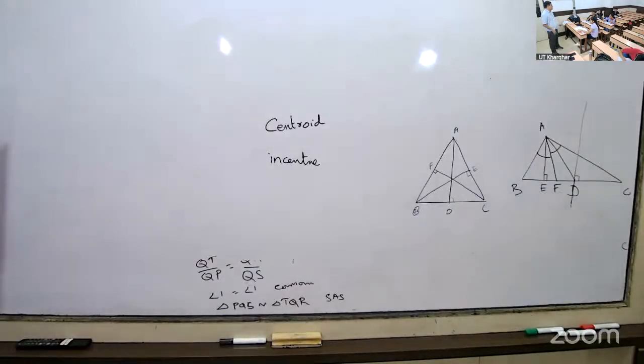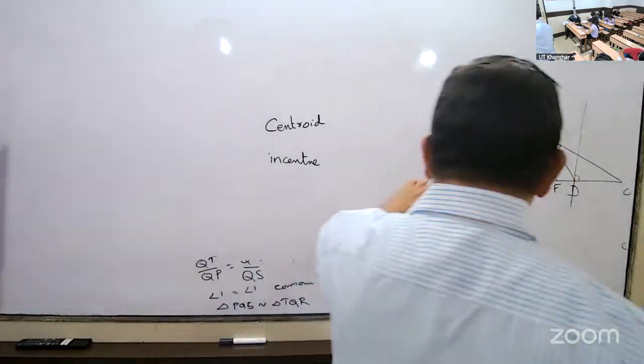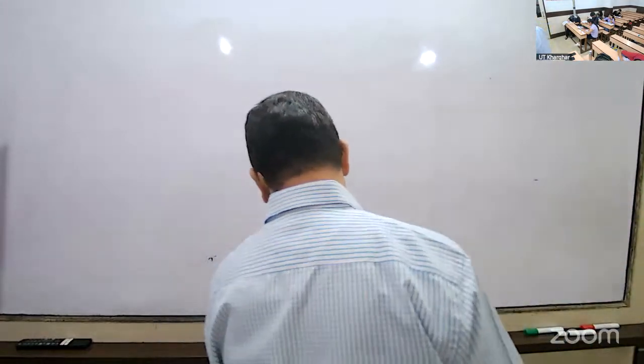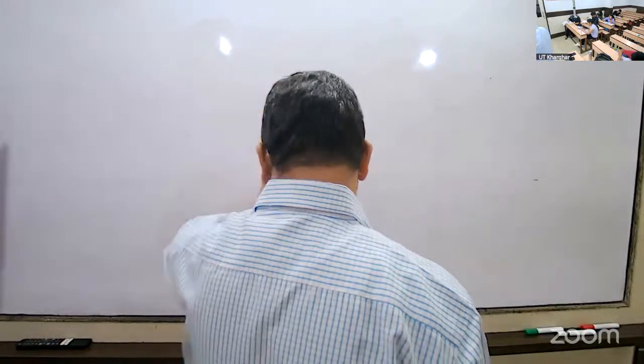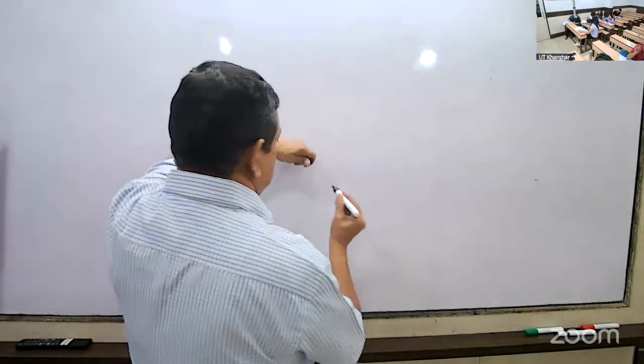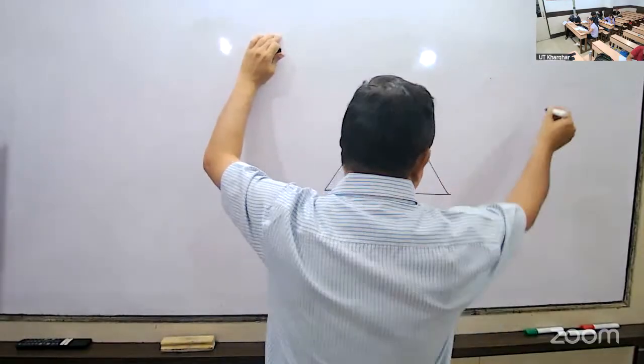So write: in an equilateral triangle, altitude, median, angle bisector, and perpendicular bisector are the same.